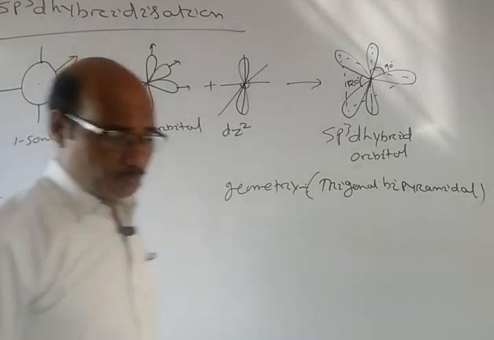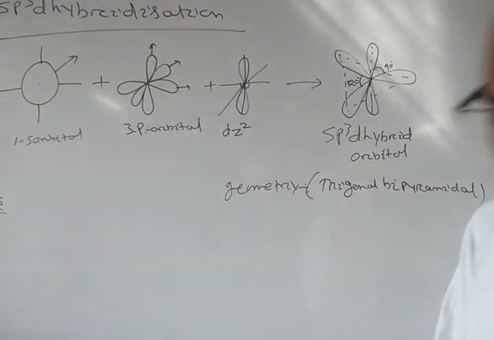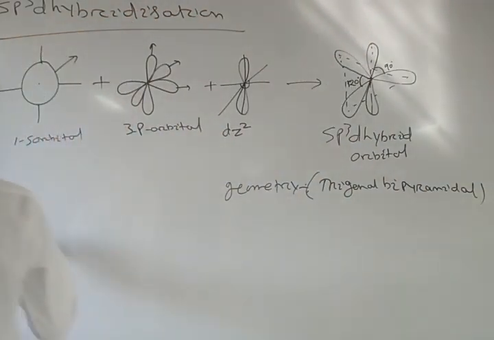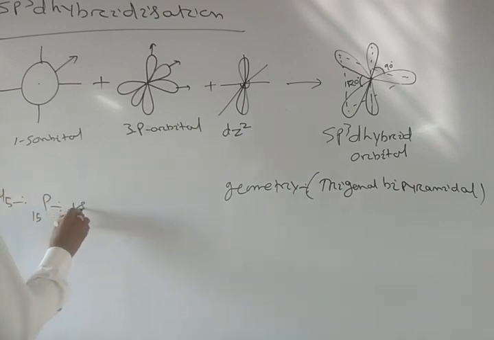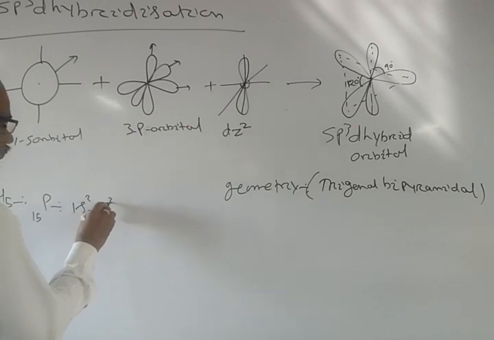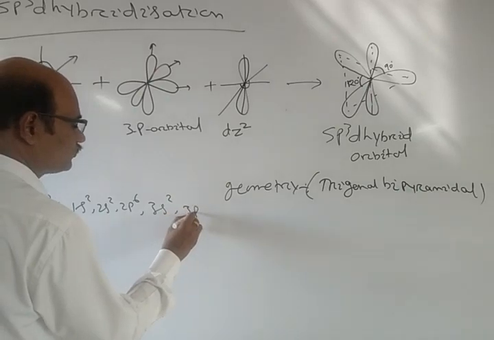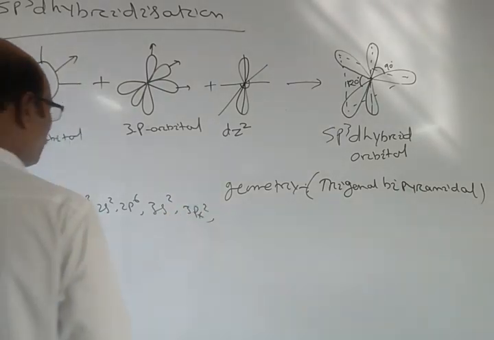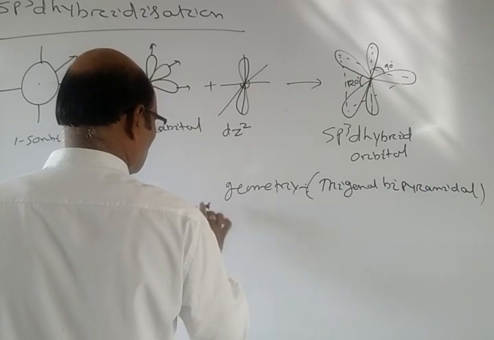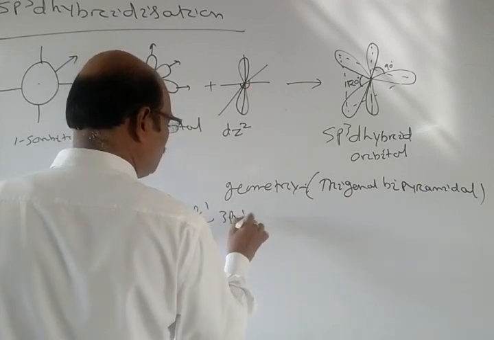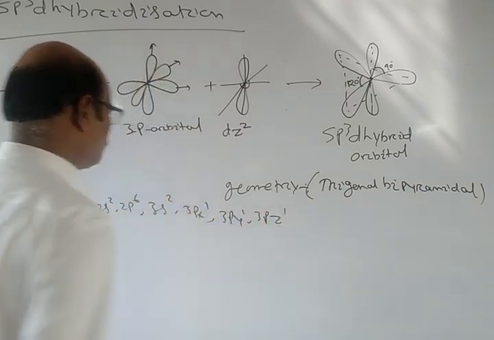This kind of hybridization we can apply in molecules like PF5 or PCl5. If I take PCl5, phosphorus has atomic number 15: 1s2, 2s2, 2p6, 3s2, 3px1, 3py1, 3pz1.